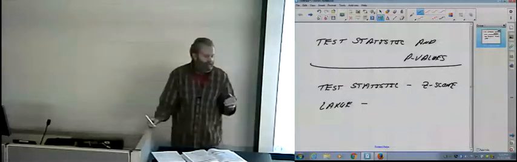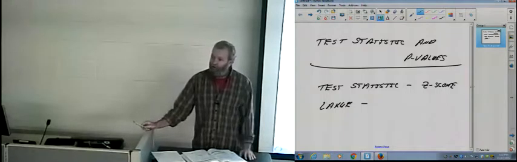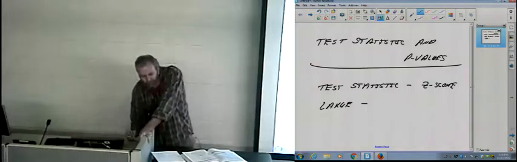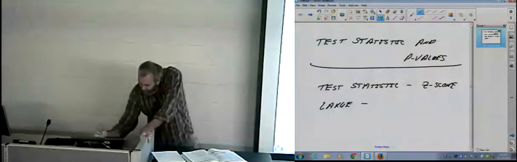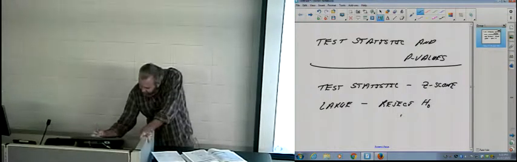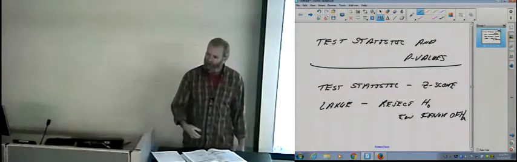Now, there are 72 different ways I can tell you that you don't believe the null and you believe the alternative. But if you've got a large value of your test statistic, one way to say it is I reject H0 in favor of the alternative. Translation: you don't believe the null, you believe the alternative.